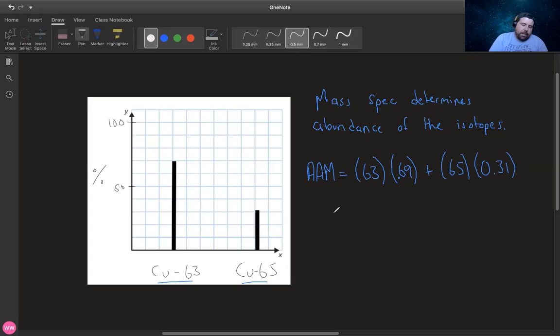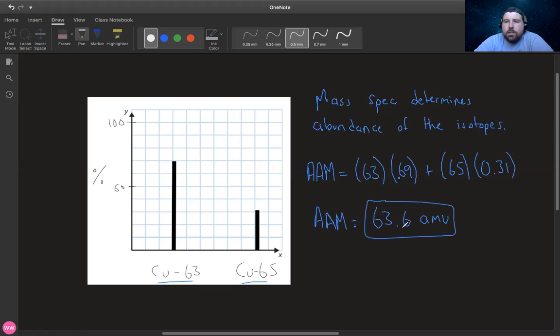Plugging this into the calculator, using just the visualized data, gets us an average atomic mass of copper of 63.6 AMU.